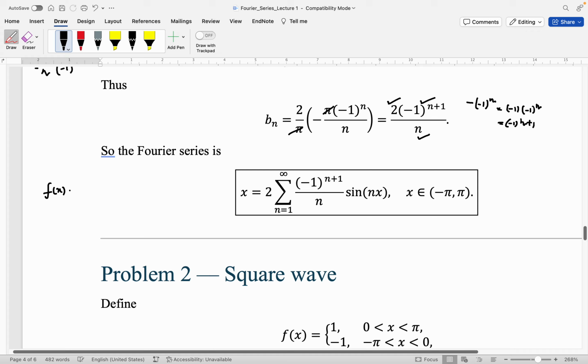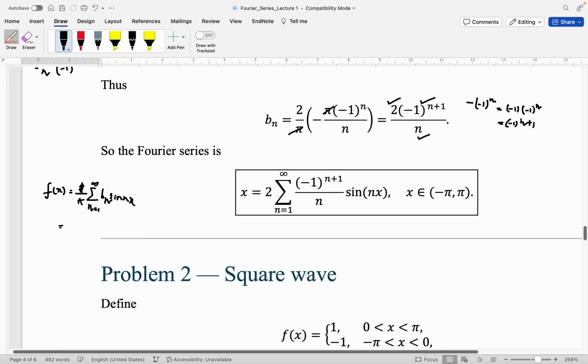an naught and an are 0, is equal to 2 by pi summation. Let's take the standard result, 1 by pi summation n is equal to 1 to infinity, and then bn sine nx.